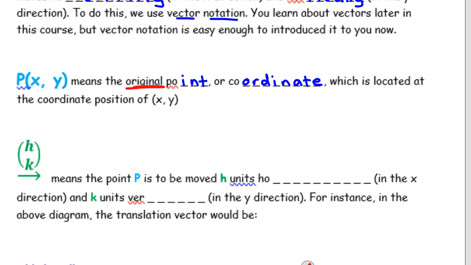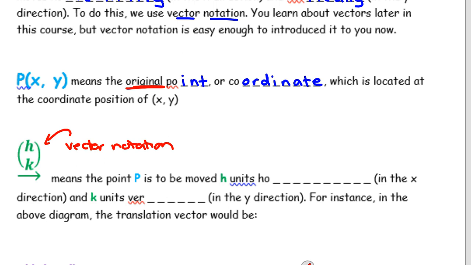Now this is the vector notation. Vector notation is generally in this kind of style. You have a bracket, and the h stands for the horizontal movement, how many units horizontally. The k stands for how many units vertically.